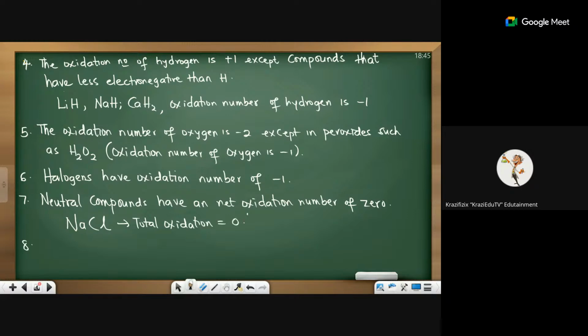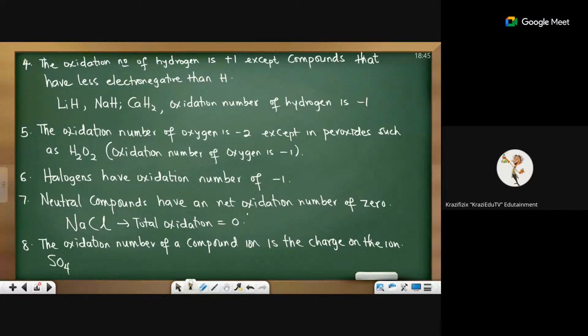Finally, number 8. The oxidation number of a compound ion is the charge on the ion. For example, SO4 2 minus. When I say compound, it's an ion. Why is it an ion? There's a charge on it. The oxidation number here is equal to -2.